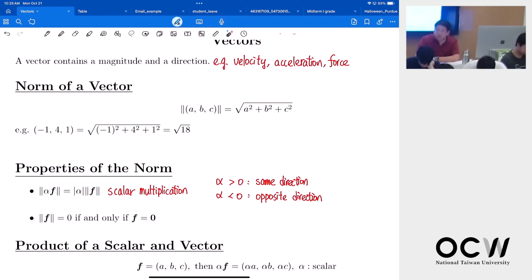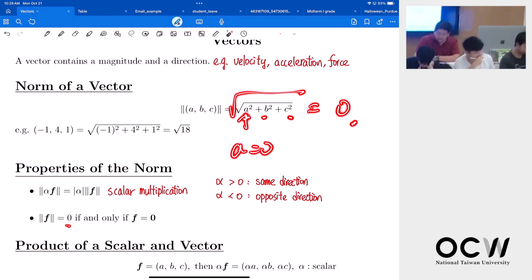Next, when we say that the norm of a vector is 0, what does that mean? The norm is 0 only when, because we need the square root of the summation of each component squared, A should be 0, B should be 0, C should be 0.